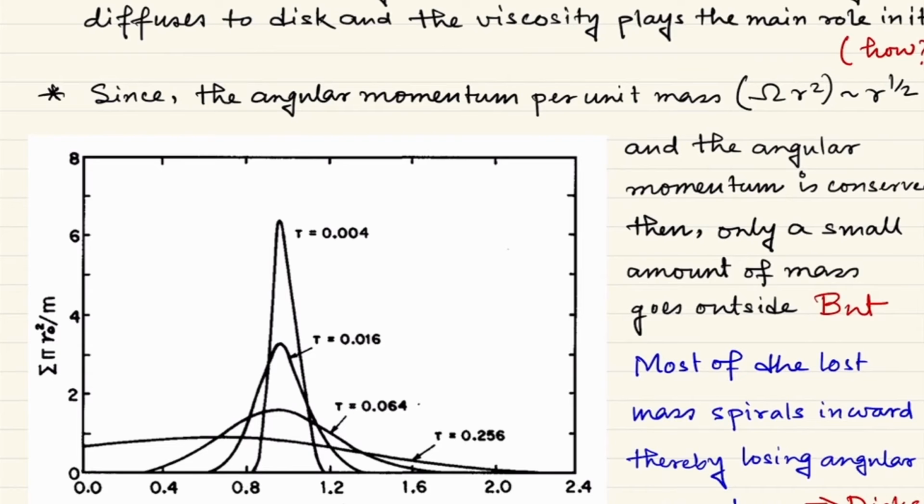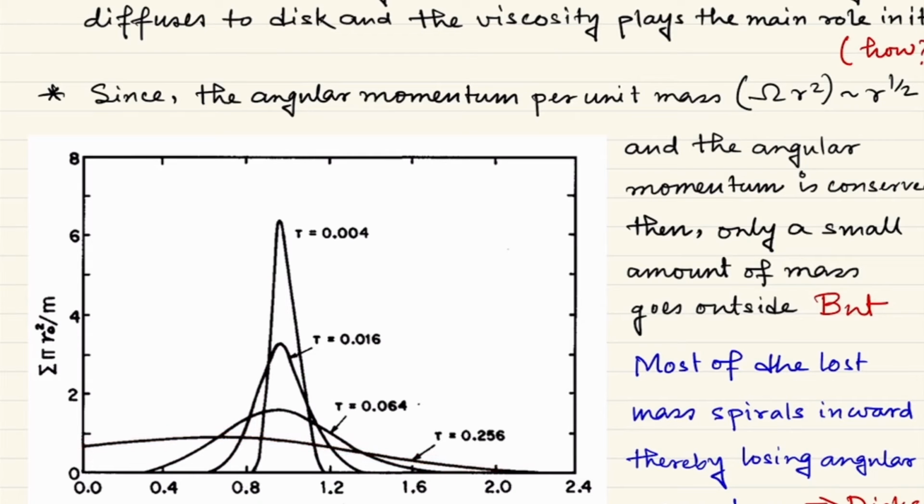If you plot the solution, then you will see that at the very initial position there is a very sharp peak like this. Then it starts to diffuse. So this is 0.004, then this is 0.016, then this is 0.064, and then this is 0.256.